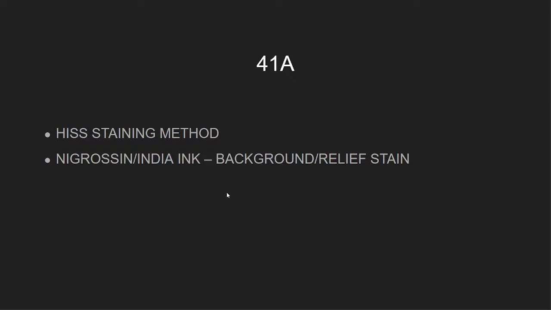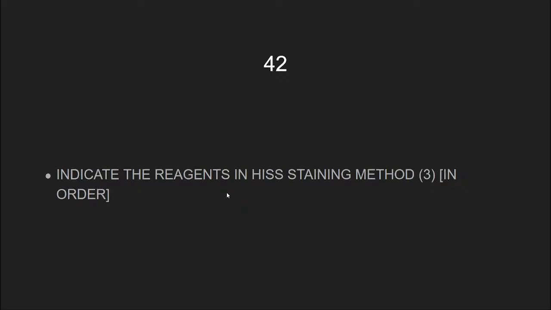When you have a capsular organism, it will reject the India ink or the nigrosine stain, but it will stain everything else. So if it is positive for a certain capsular organism, rest assured that it won't stain the cell that has a capsule, but it will stain anything else in the slide.